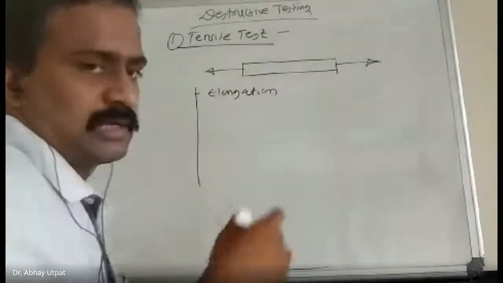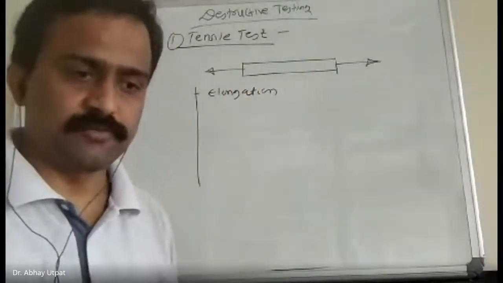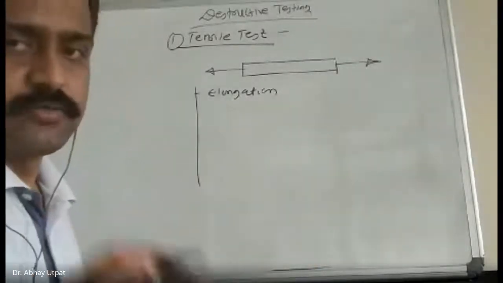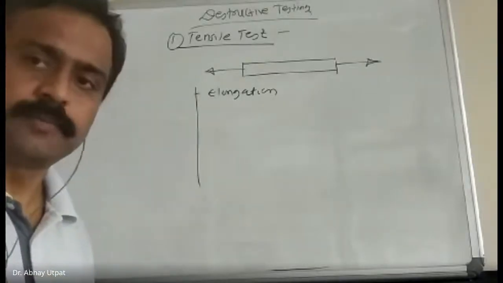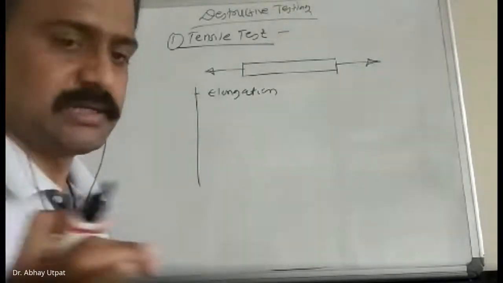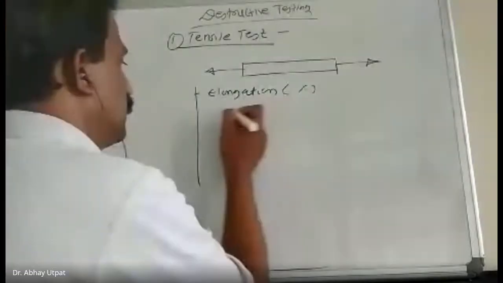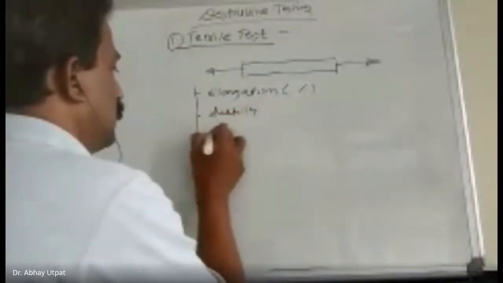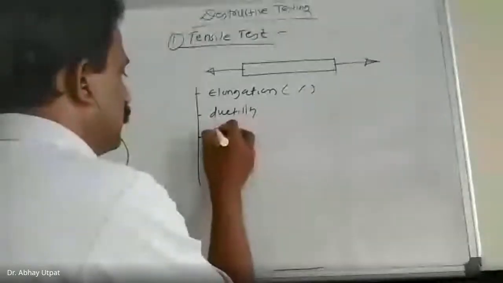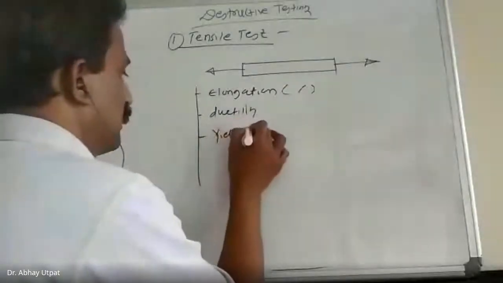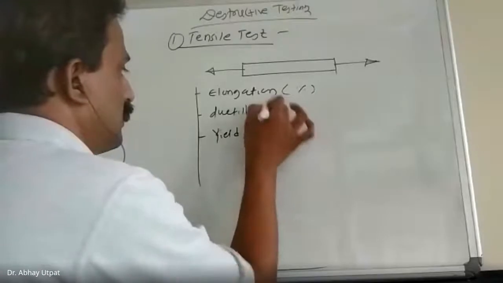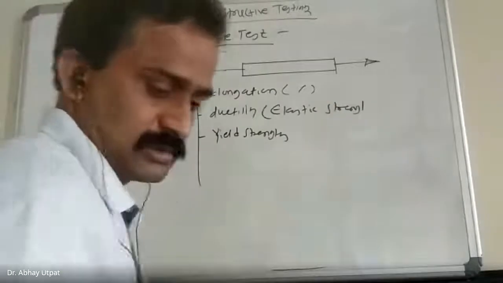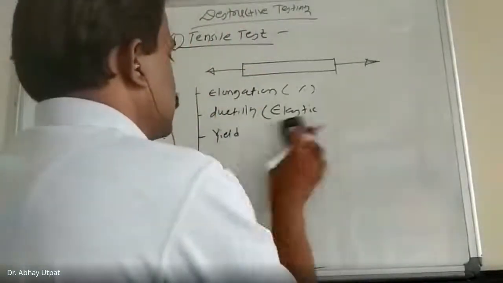You can also write down properties which are obtained from tensile testing. Percentage elongation, ductility, yield strength, elastic strain, let's trace it.